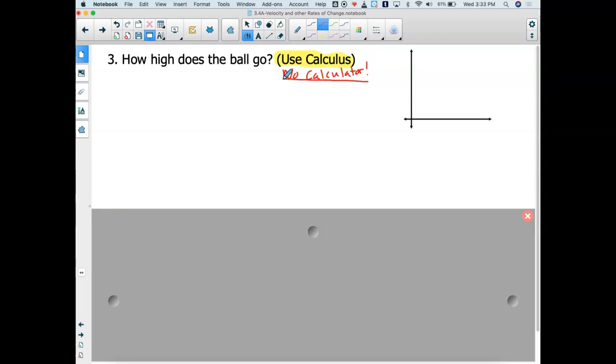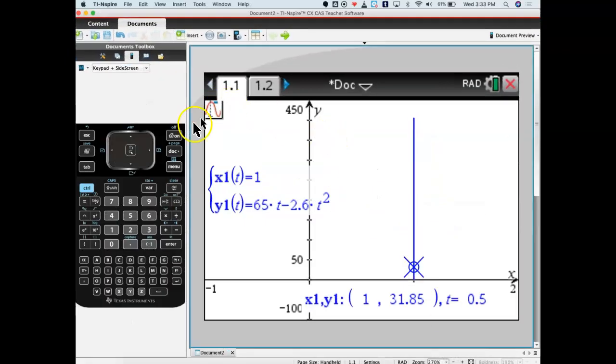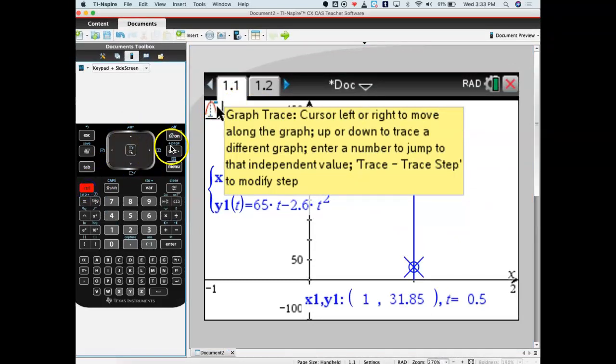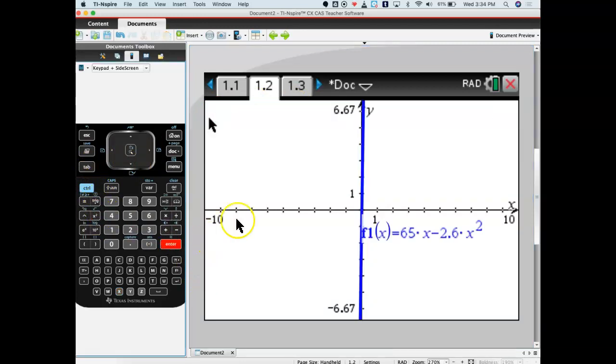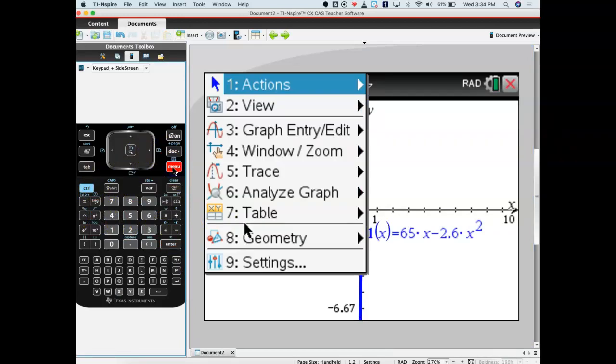Now, the reason why we're saying use calculus here and not a calculator, it doesn't take too much knowledge to come in here, add a new page, add a new graph as a function 65x minus 2.6x squared. Graph that and say, well, oh yeah, I remembered. My maximum height went up to like 240 something, I think.